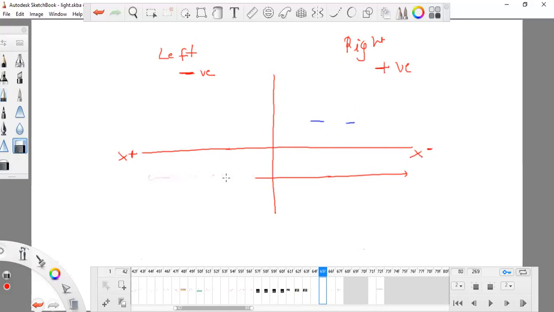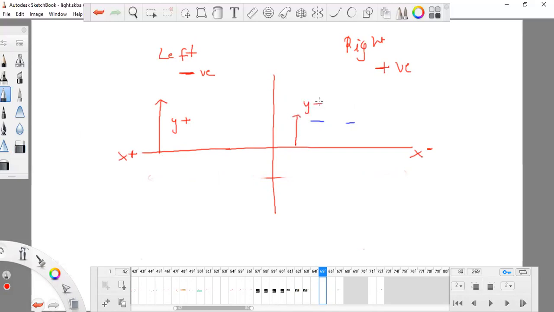Next, I'm removing this because there is no need for it. This is my y-axis. If it is above the x-axis, then it is y positive. This is also y positive because it is above.